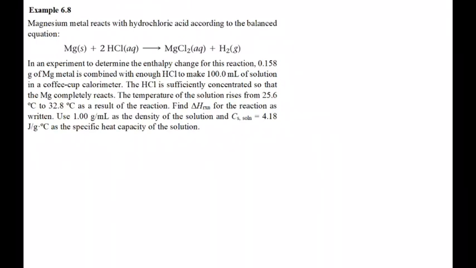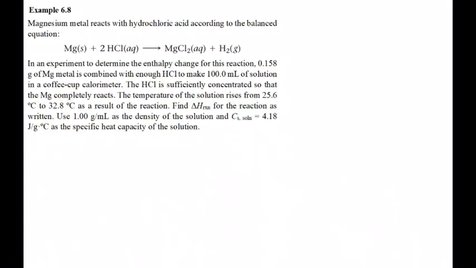The hydrochloric acid is sufficiently concentrated so that the magnesium completely reacts. The temperature of the solution rises from 25.6 degrees Celsius to 32.8 degrees Celsius as a result of the chemical reaction. Find the delta H of reaction for the reaction as written.